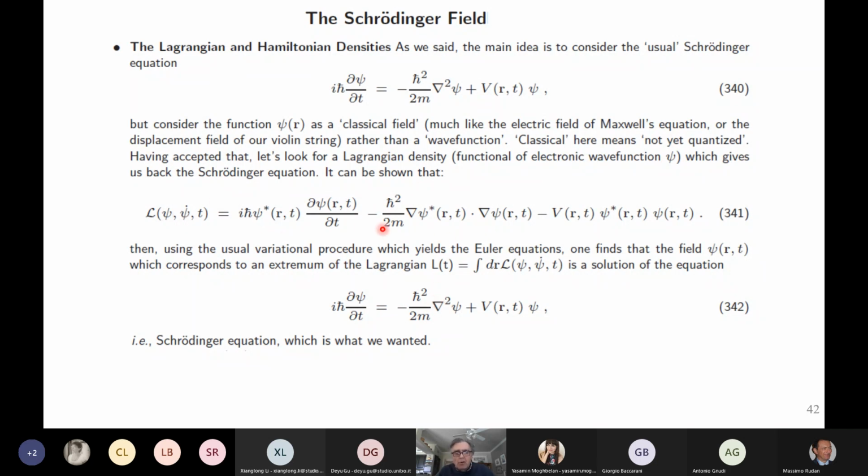So I can take the complex conjugate of this Lagrangian density if I wish. And the total Lagrangian will be just the integral over the entire space of this Lagrangian density. So this is the Lagrangian density that gives me the Schrödinger field. Let's call it the Schrödinger Lagrangian density.